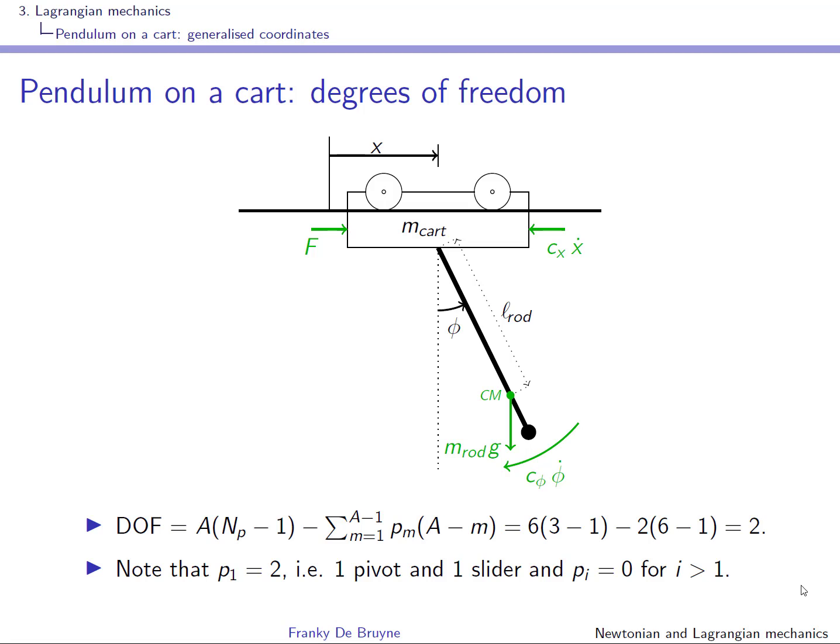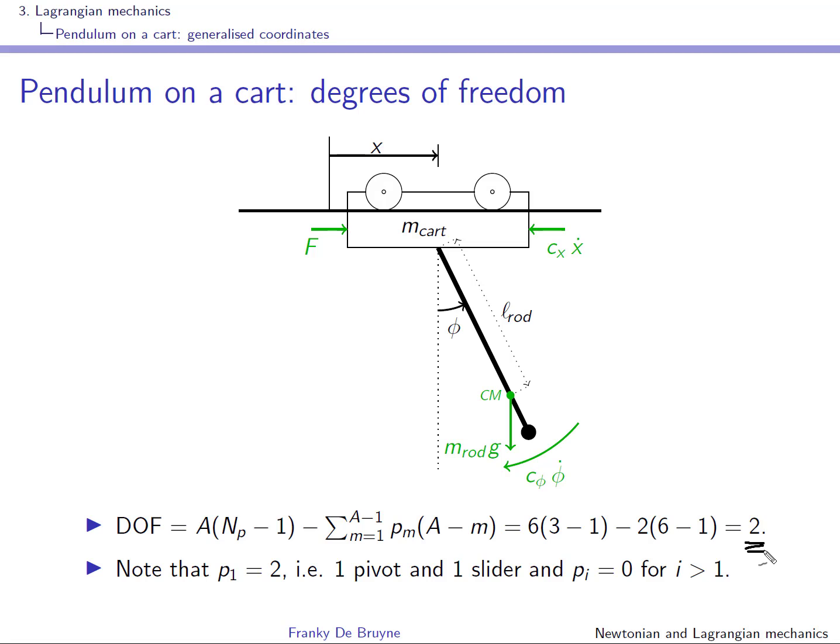Well, we know from our exercise with Newtonian dynamics that we had 2 differential equations, so we know that the degree of freedom is 2, right? But this is a good exercise to apply the formula that you have here.